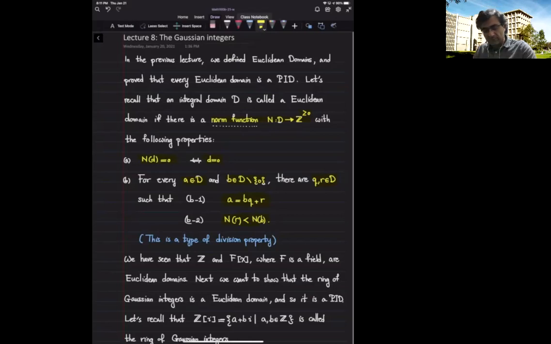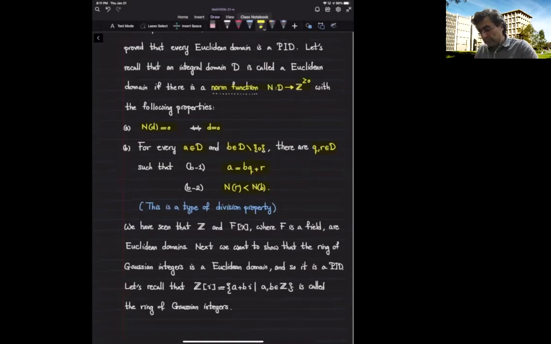And the key reason that we defined such a thing was to show that every Euclidean domain is a PID. So this is what we showed in the previous lectures.